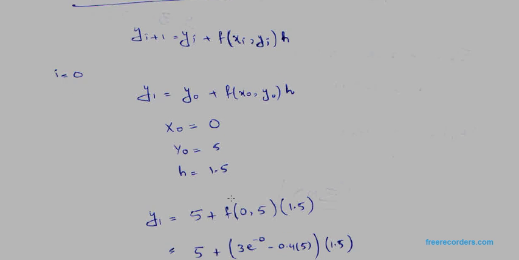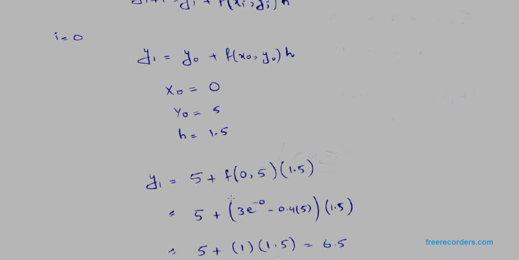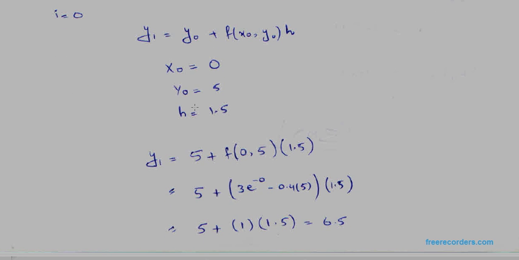Putting these values in the formula to calculate y1: y0 is 5, plus the function at x equals 0 and y equals 5, times the step size 1.5. So 5 plus the function, which becomes 3e^(-0) minus 0.4 times 5, multiplied by 1.5. The function value turns out to be 1, and multiplied by 1.5, this gives me a value of 6.5.